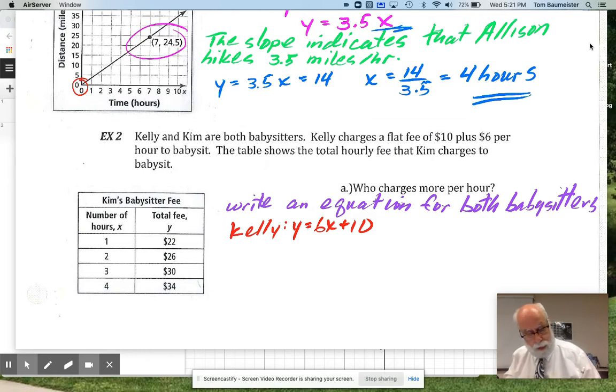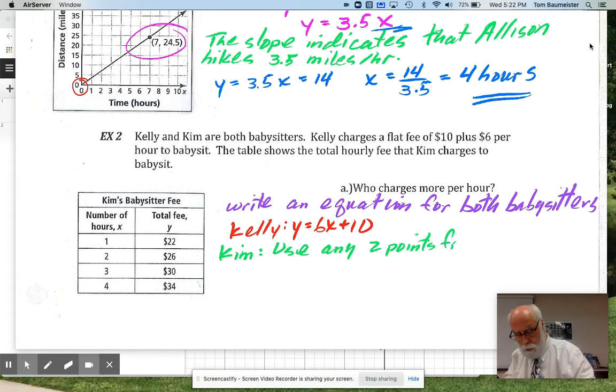All right. For Kim, we are going to use any 2 points from the table. You know, I'm going to be lazy because I always am. So I'm going to use the first two there. I'm going to call the x's x1 and x2, and the y's y1 and y2.